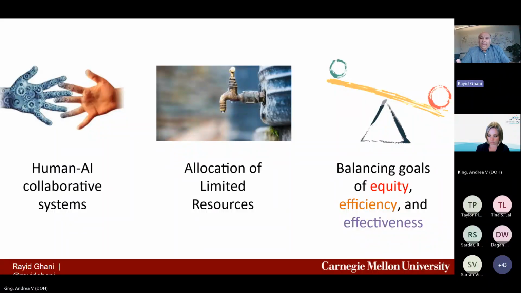But that means they're going to leave behind people who are harder or more expensive to help, and that leads to inequities. And so a lot of the underlying issues with AI, and both the issues but also the value, comes from us on the policy side coming up with what we want.